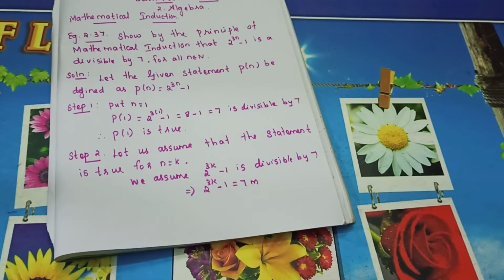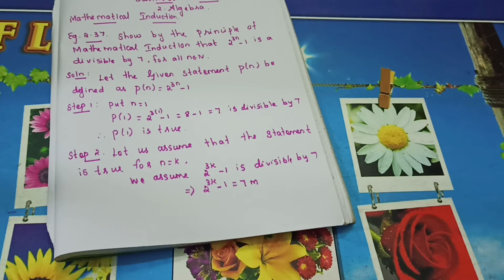That is, the thing is 7 into any number. If m is 1, 7 into 1 is also divisible by 7. 7 into 2 means 14, is it right? So that is also divisible by 7. 7 into 3 is also divisible by 7. So 7 into whatever the number may be, that is divisible by 7. Understand?